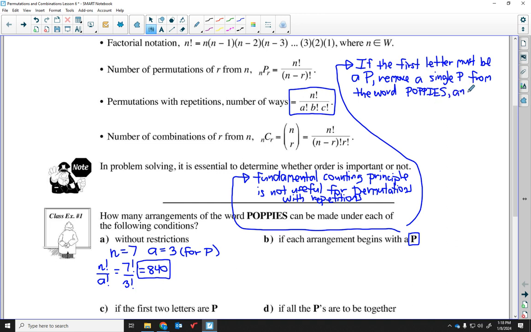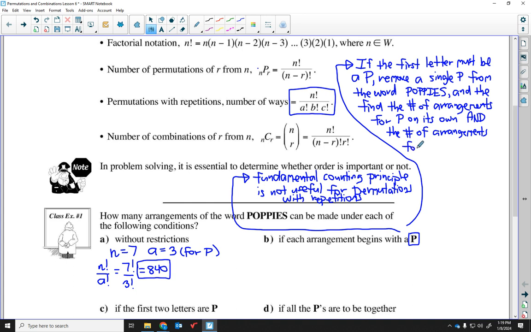And then find the number of arrangements for P on its own and the number of arrangements for the remaining letters on their own.